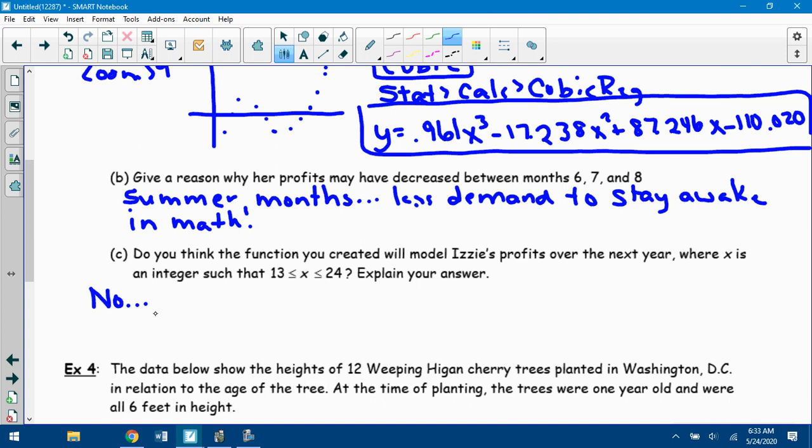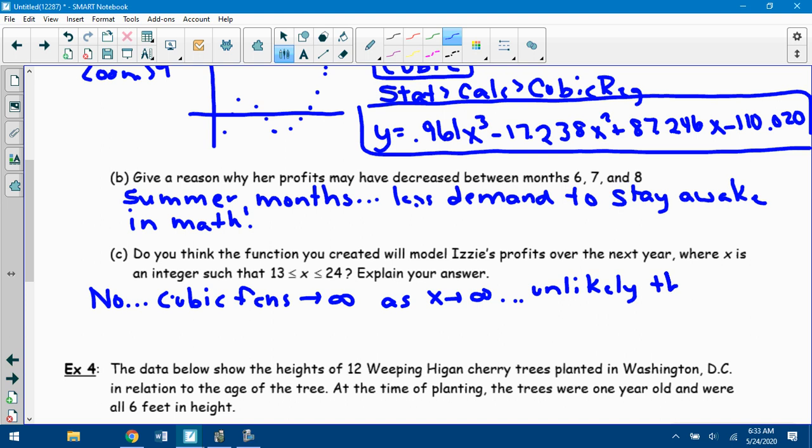And that's because cubic functions go to infinity as x goes to infinity. That's the end behavior. It's unlikely that Izzy's profits will grow without bound.